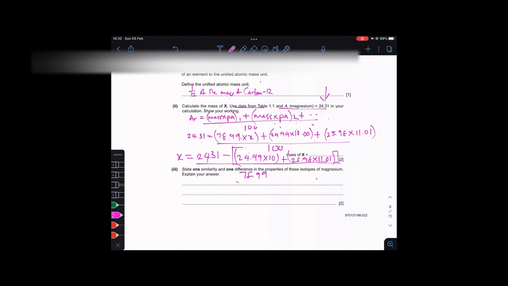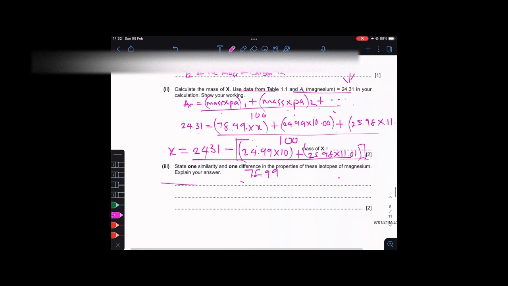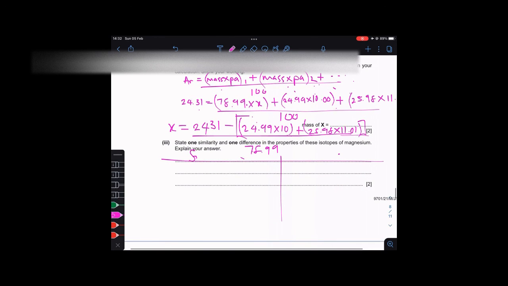Part 3 says state one similarity and one difference in the properties of these isotopes of magnesium. As I said earlier, similarities of isotopes are the chemical properties and the proton number.